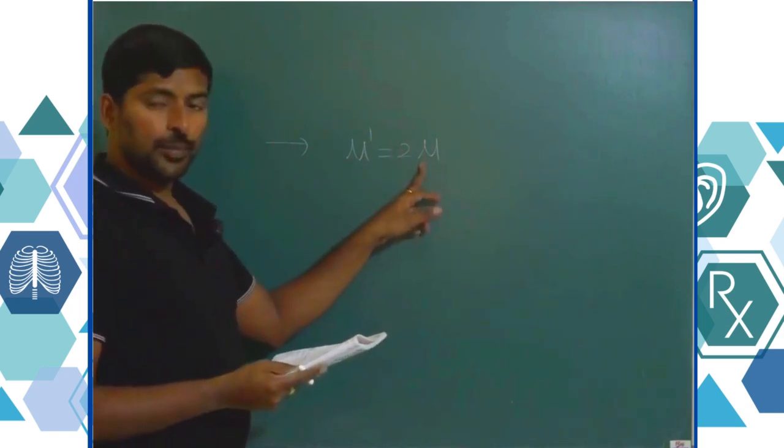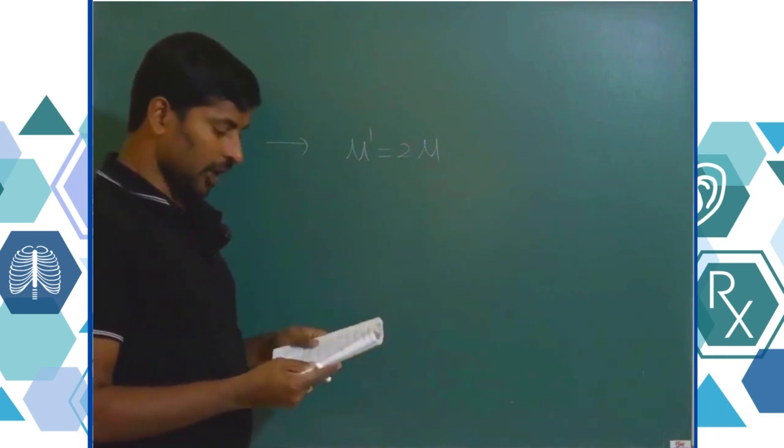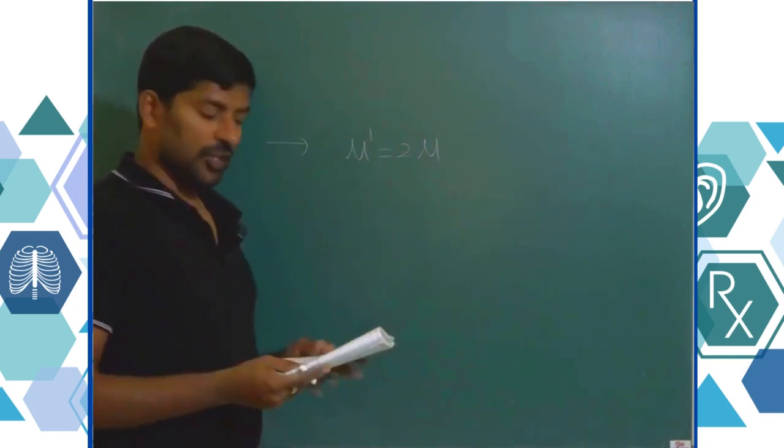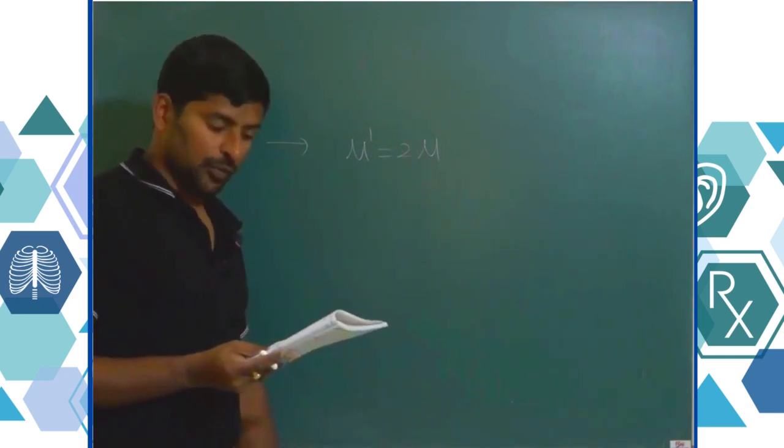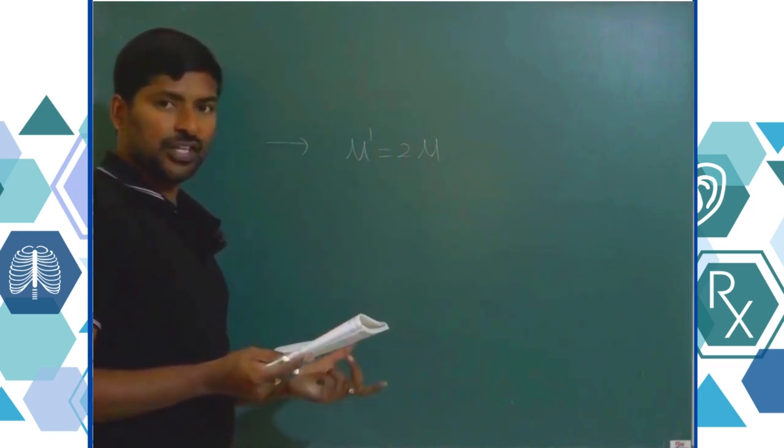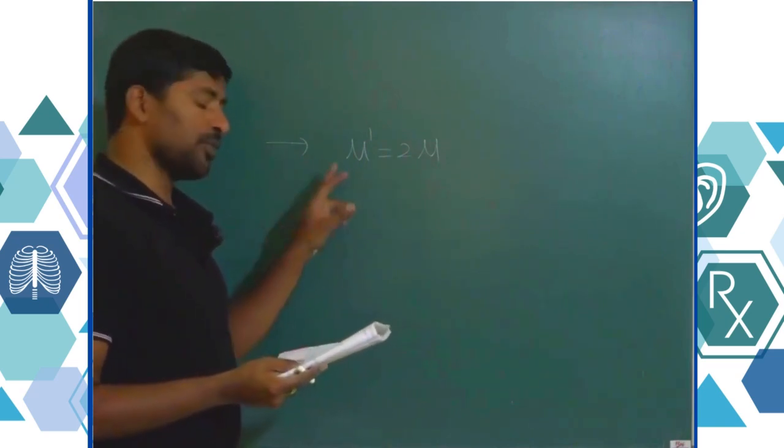If reduced mass is doubled, then what about vibrational frequency? Options given: root 2 times the original frequency, 1 by root 2 times the original frequency, 2 times the original frequency, no change in vibrational frequency.